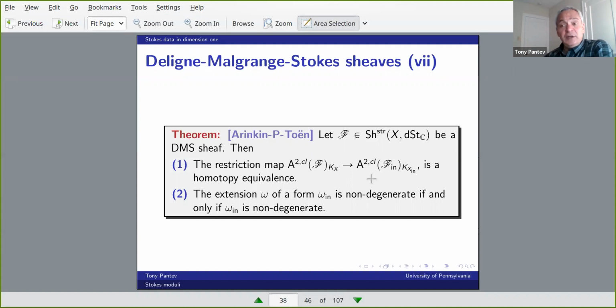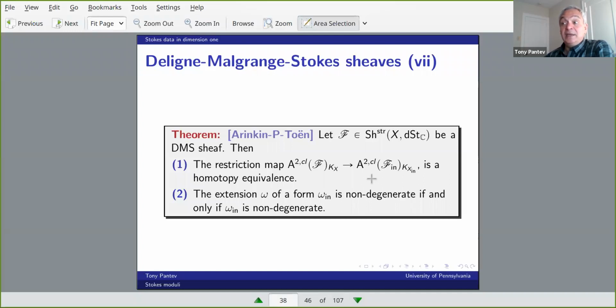And in each of the examples that we worked out, we actually proved it by hand. But it seems to be some perverse statement. So these constructible sheaves of stacks must be perverse in some sense. They must be some kind of perverse Schobers if you write them in the correct way.